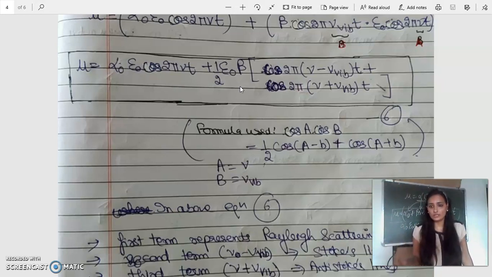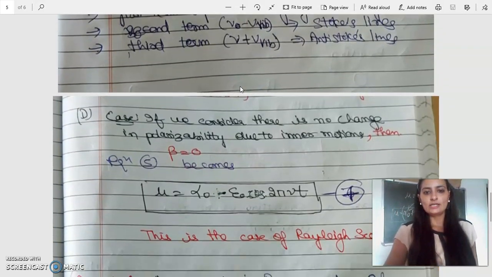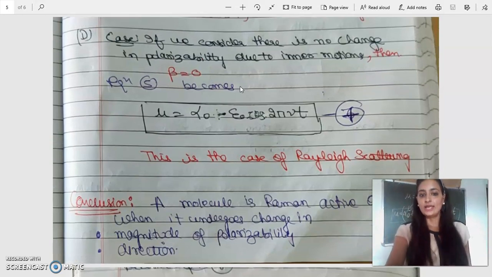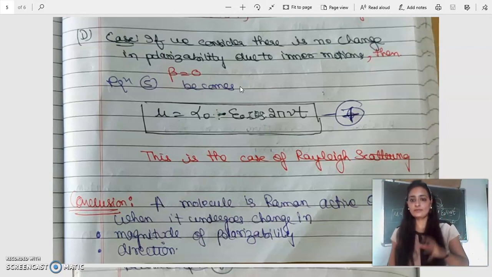There is no rate of change of polarizability. So just put the value beta as 0. We will be left with only this equation, that is mu is equal to alpha E naught sine 2 pi mu t. So simply this is the case of Rayleigh scattering, and we can conclude from here two points: for Raman scattering, it is necessary that a polarizability change takes place.